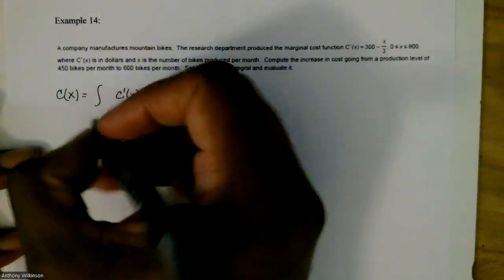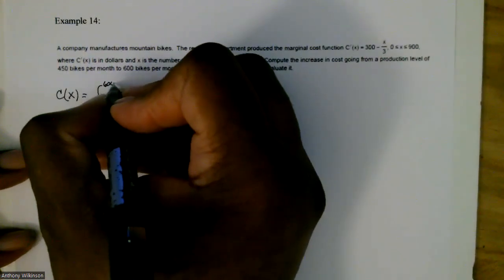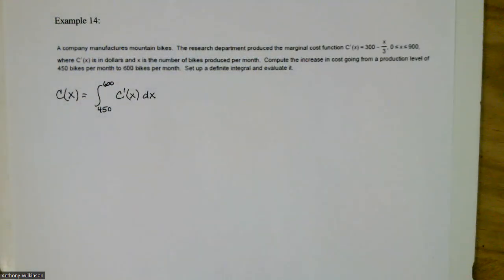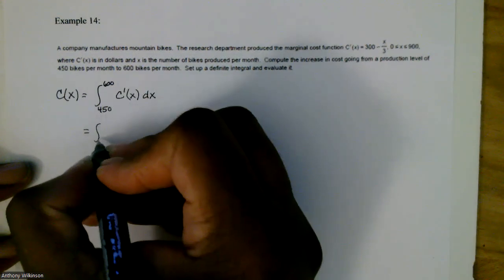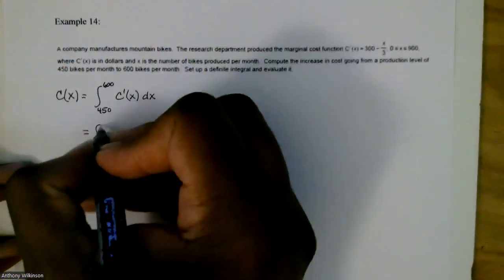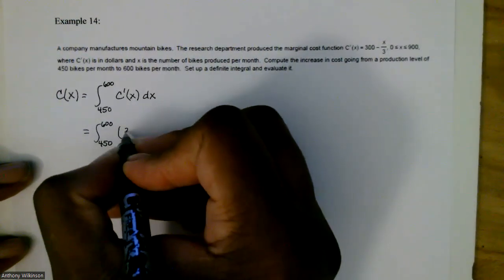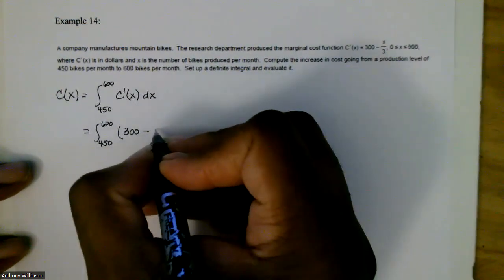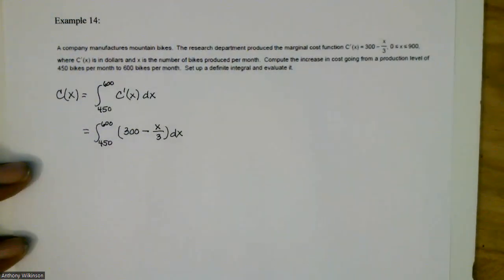That's going to be our limits here, from 450 to 600. 450 will be your lower limit, and 600 will be your upper limit. And C prime of x is 300 minus x over 3. So that means I'm going to have the integral from 450 to 600 of C prime of x, that's going to be that 300 minus x over 3 dx.